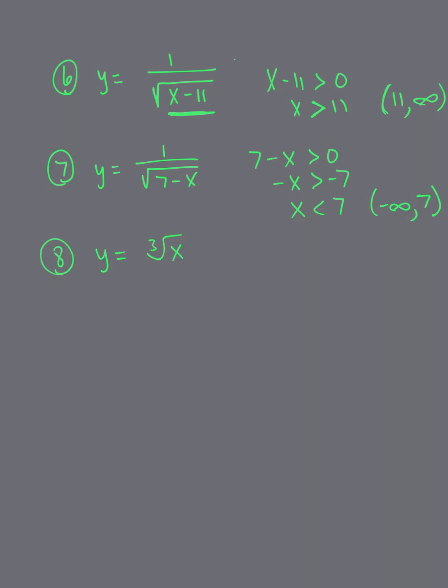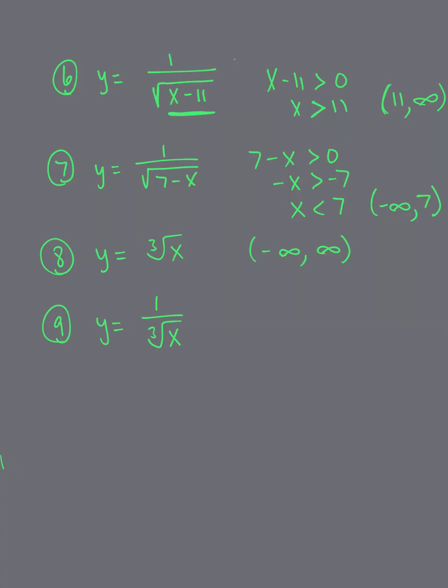Remembering that the domain of y equals the cube root of x would be all real numbers, because we can take the cube root of a negative number, will help us in this next example. y equals 1 over the cube root of x.